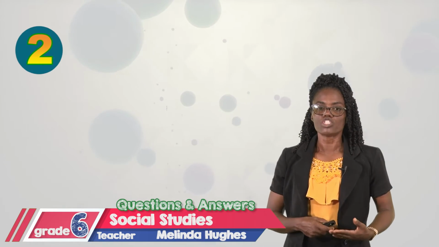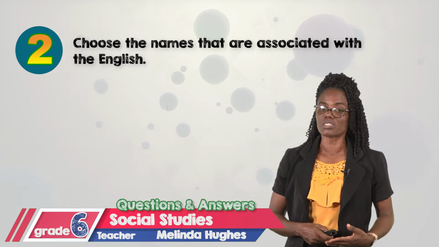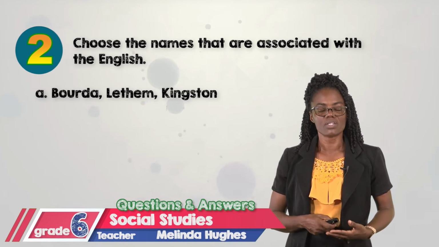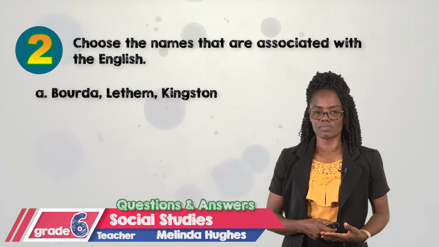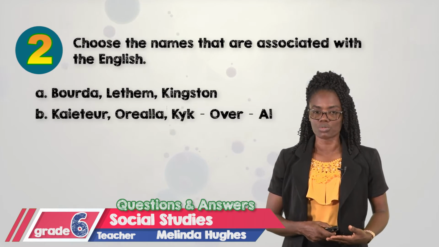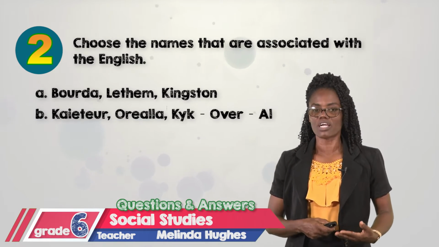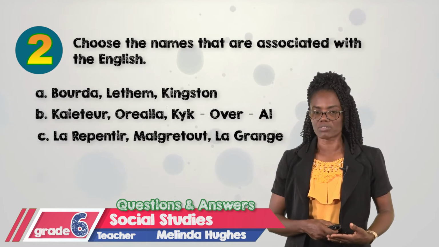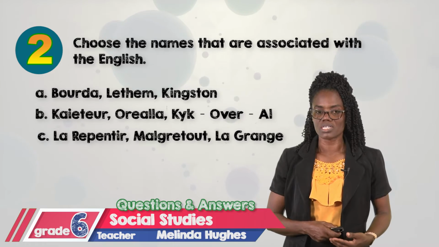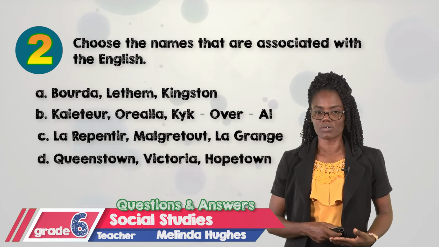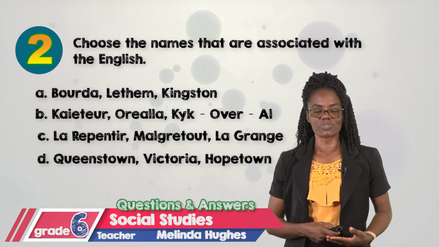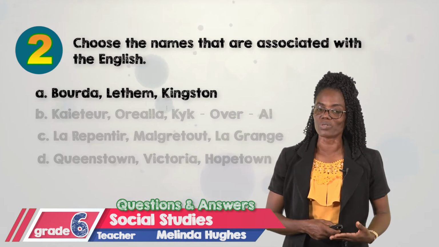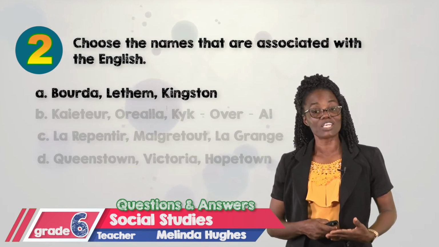Question 2. Choose the names that are associated with the English. A, Border, Lethem, Kingston. B, Kaieteur, Oriala, Kaikoverall. C, Le Repentir, Malgretoute, Lagrange. And D, Queenstown, Victoria, Hopetown. The answer to question 2 is A, Border, Lethem, and Kingston.